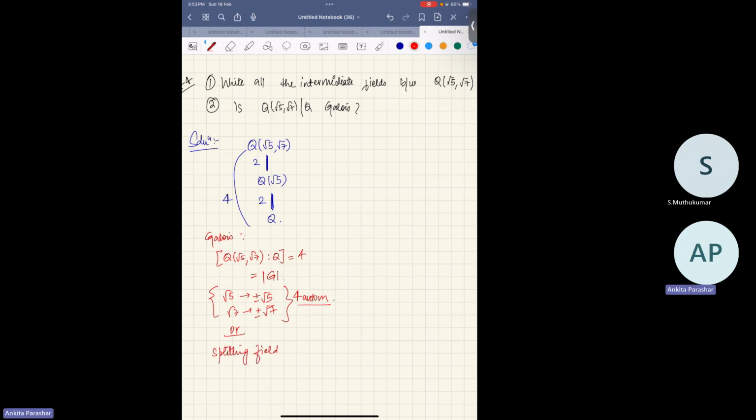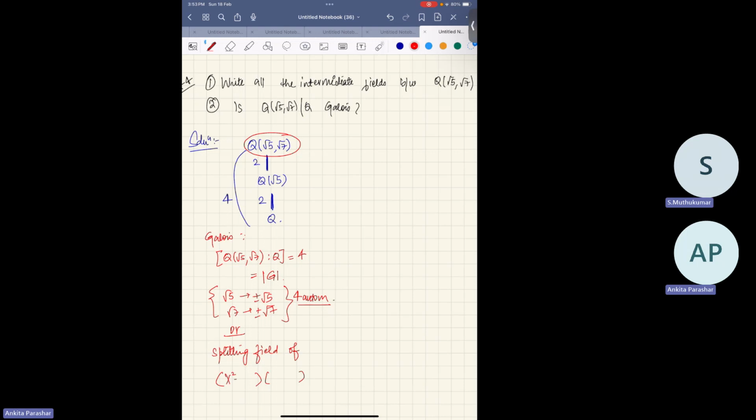Or it is the splitting field of which separable polynomial? So I can realize this is a splitting field of some separable polynomial. What is that? Already you have calculated that one.